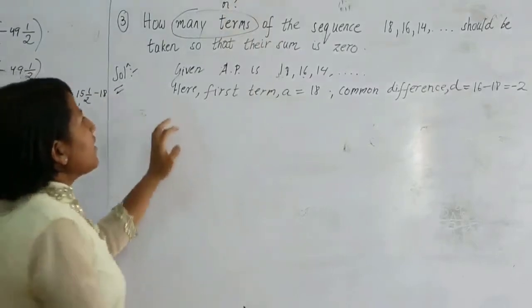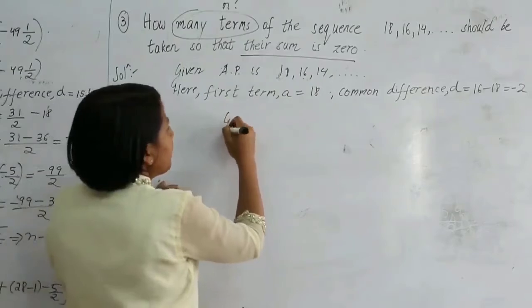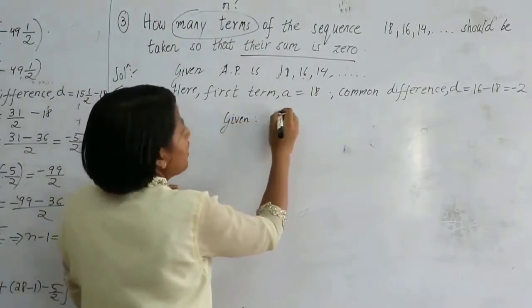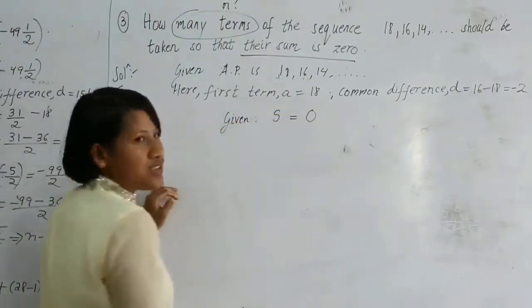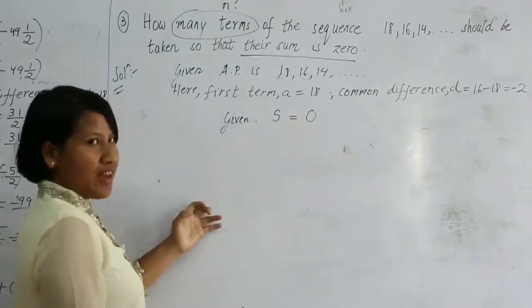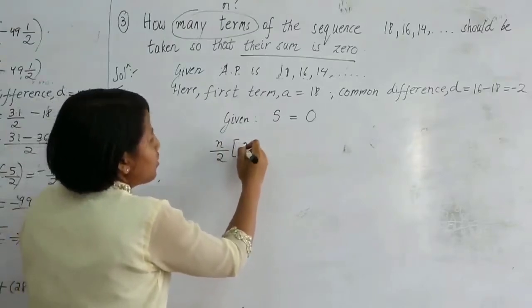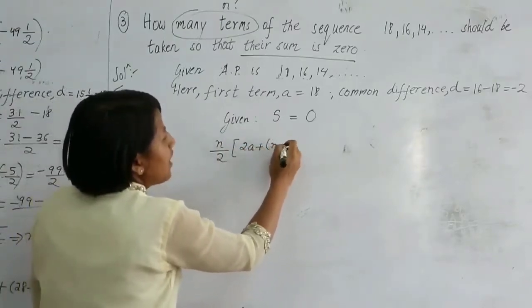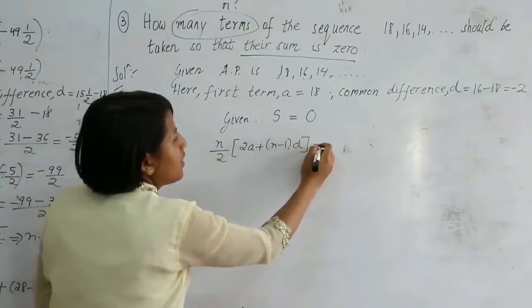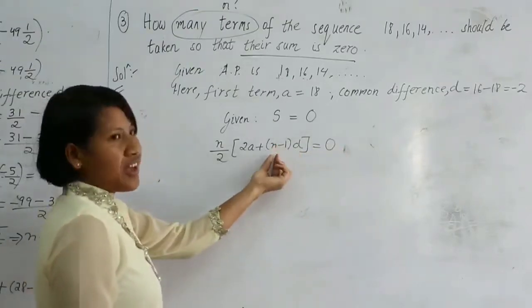Okay, and their sum is 0, means given also is S equal to 0. Okay, so A, D are given, and you have to find n. So substitute in the formula n by 2 into twice A plus n minus 1 D. Okay, because A is given, D is given, but you have to find n.